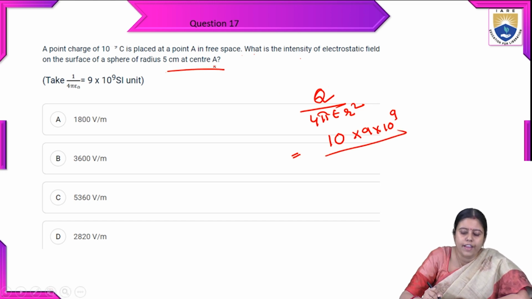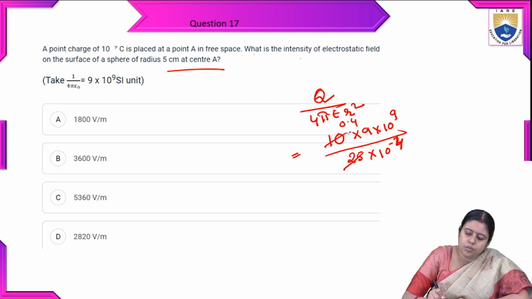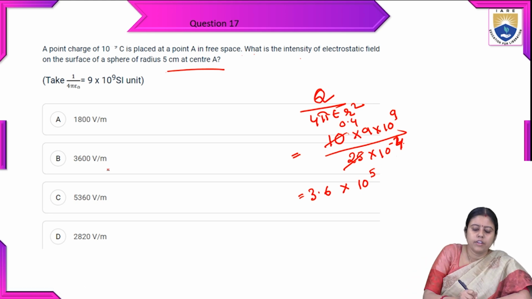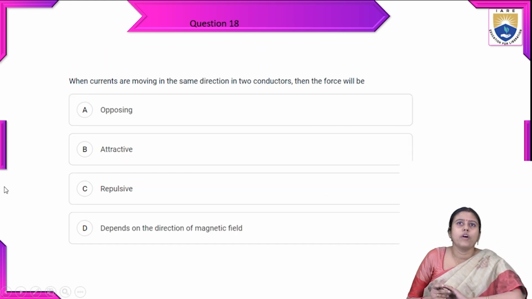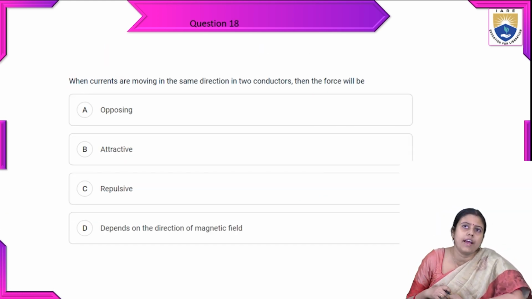R square is 5 centimeter, means 25 into 10 to the power minus 4. Then 9 into 10 to the power 9 into 10, divided by 25 into 10 to the power minus 4, is 3.6 into 10 to the power 5. So it will come 3600 volt per meter.